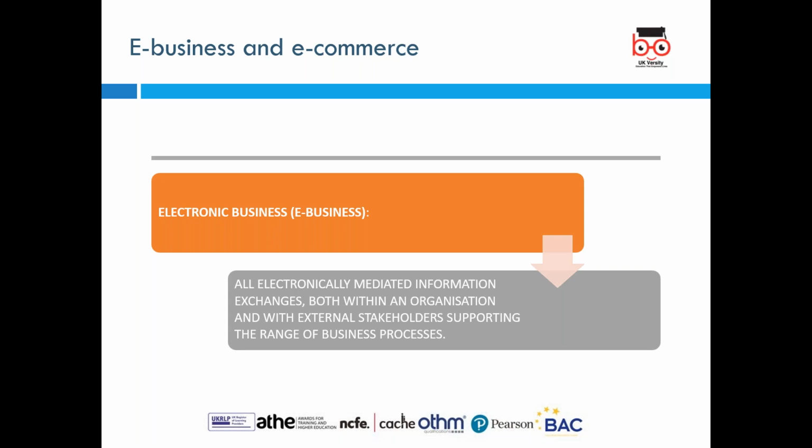So coming, for example, to e-commerce or e-business, we can see that all the information might be digitalized, so it might be stored on a database, and all electronic mediums exchange information both within an organization and with the external stakeholders, supporting the range of business processes.